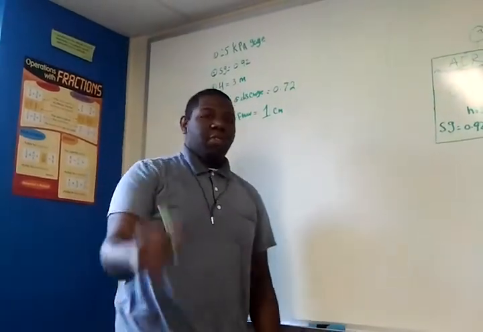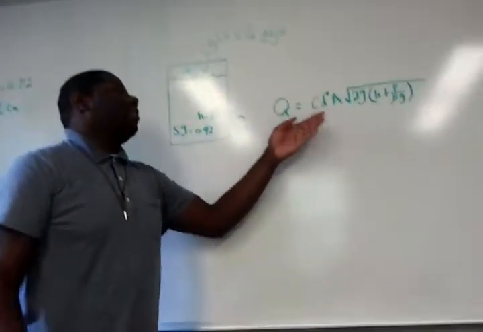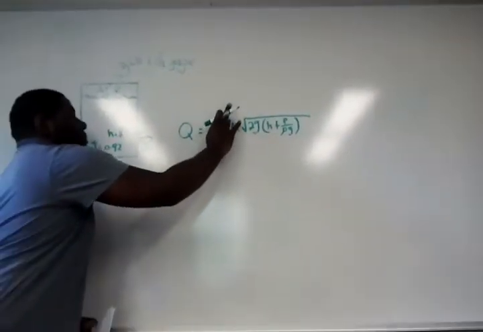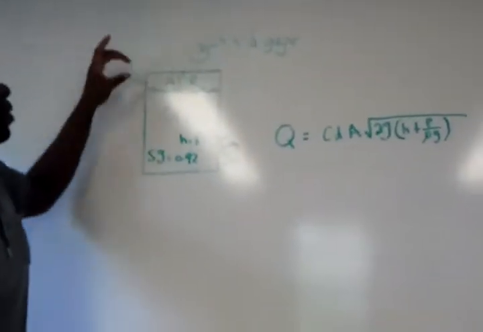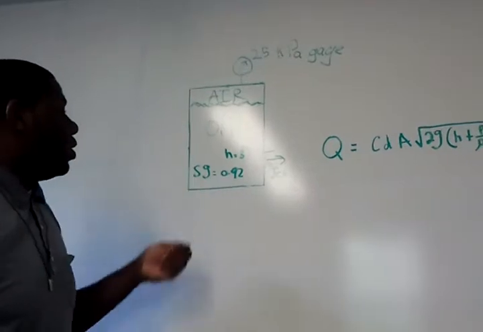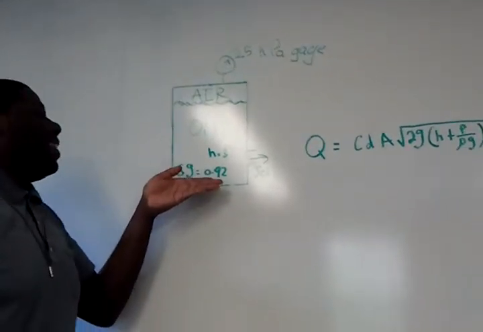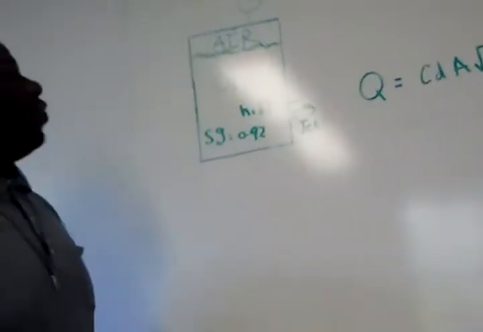Today we're going to do fluid mechanics. What we're trying to find is the coefficient of discharge in a tank filled with a partial amount of air and oil. The oil's specific gravity is 0.92 and the tank's height is 3 meters.